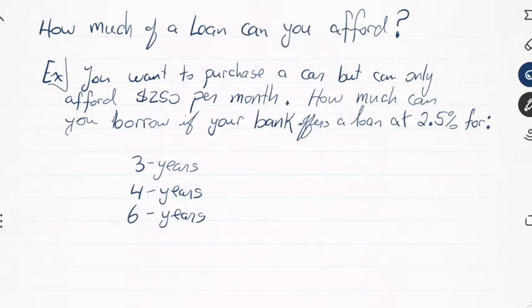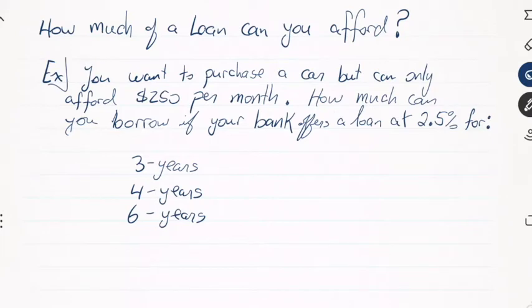I think a better way of going about loans is not worrying about finding the payment. I think it's better if you have a budgeted amount of money that you can afford for paying off a car to look for the maximum loan amount that you can actually borrow. So, how much of a loan can you afford? Let's say you want to purchase a car but can only afford $250 a month.